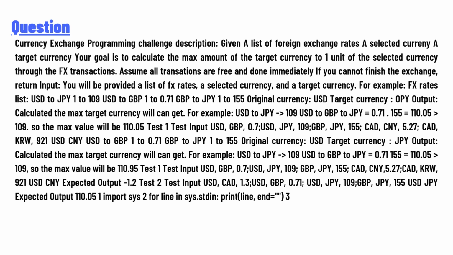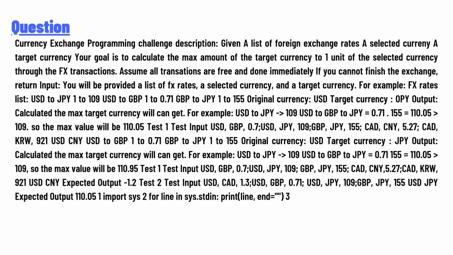For example, USD to JPY 109, USD to GBP to JPY 0.71 times 155 is 110.05. So the max value will be 110.05. Test input: USD GBP 0.7, USD JPY 109, GBP JPY 155, CAD CNY 5.27, CAD KRW 921, USD CNY.